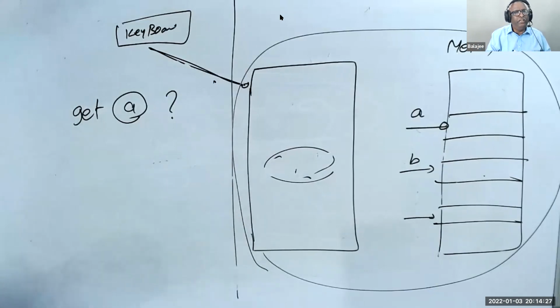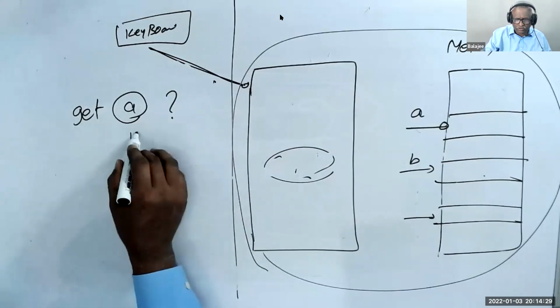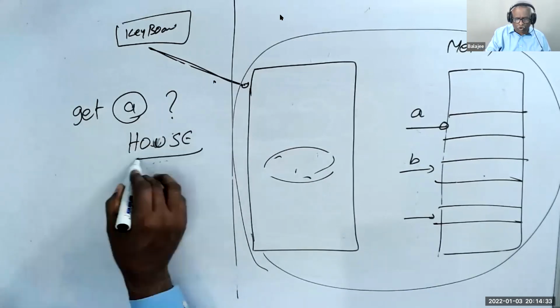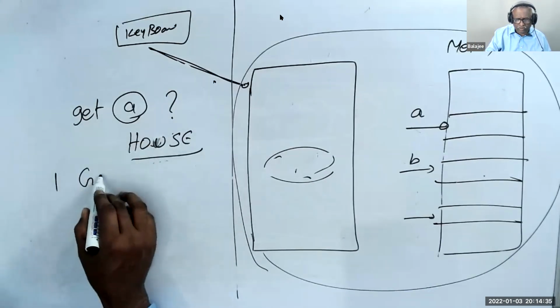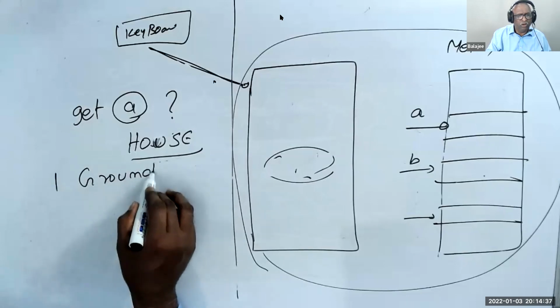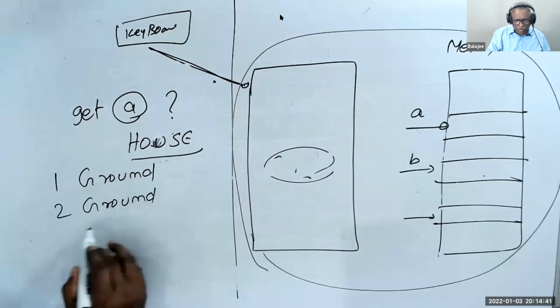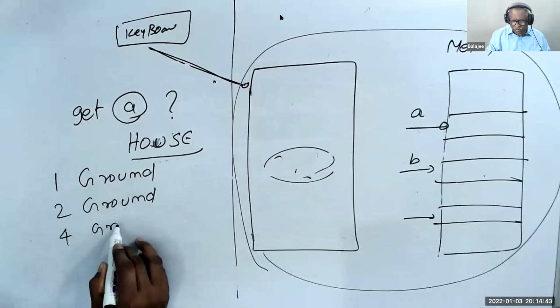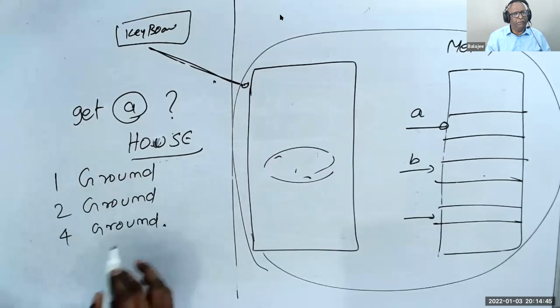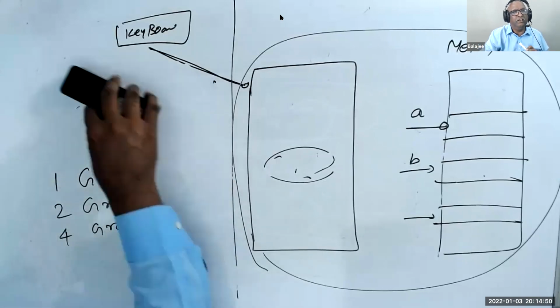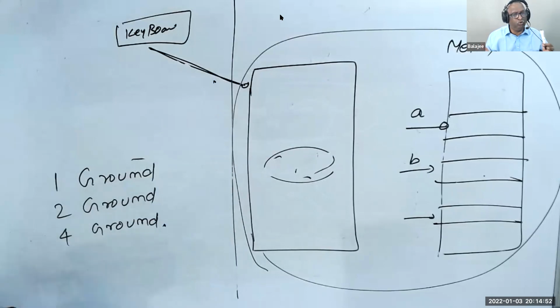Normally, when you build a house, we call it one ground, or two grounds, or four grounds. Am I right? This is the way we use it in real estate when you build a house.